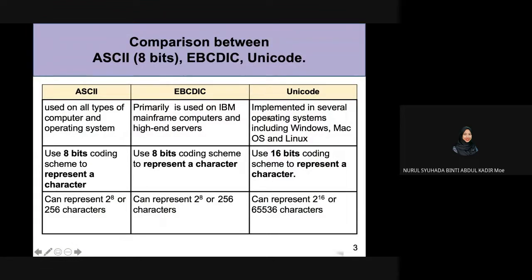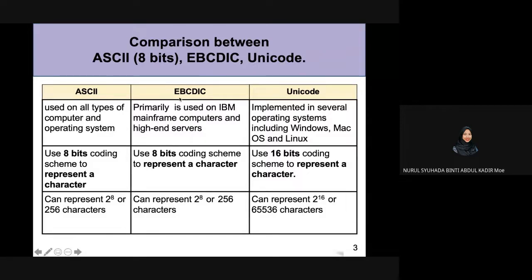And then Unicode, it is also implemented in several operating systems including Windows, Mac OS and Linux. So if you can see, kita boleh install keyboard yang kita boleh tulis huruf Jawi, bahasa Arab. Kalau dekat Korea, semua orang type bahasa Korea kan, Hangul. Chinese character semua kita boleh buat. Tu semua menggunakan Unicode lah sebenarnya. Okay, nanti kita tengok kenapa.